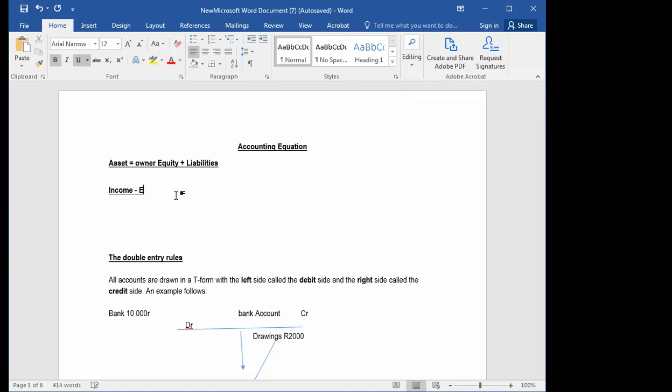Income minus expenses, we say, equals a profit or loss. Whenever we talk about incomes and expenses, we are touching what? Owner's equity.